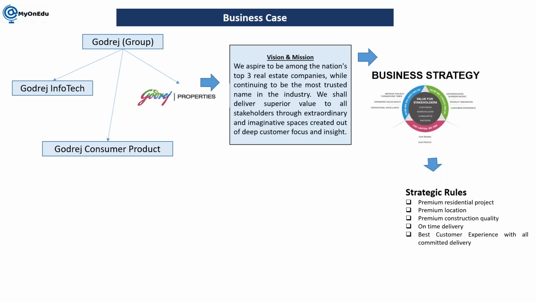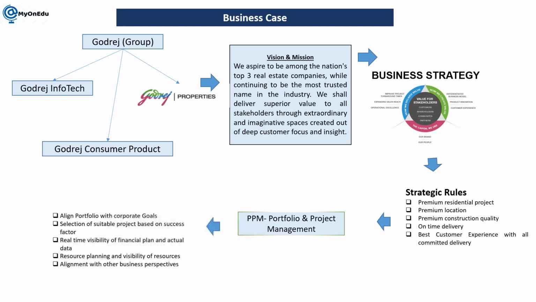So they need one system to manage all this kind of requirement. What we are providing here is portfolio project management. Portfolio project management provides all these functionalities by aligning the portfolio with corporate goals. So whatever portfolio we are going to manage is as per their corporate goals. We can have a separate portfolio for Godrej Properties, a separate portfolio for Godrej Infotech, or we can have a portfolio at Godrej Group level.